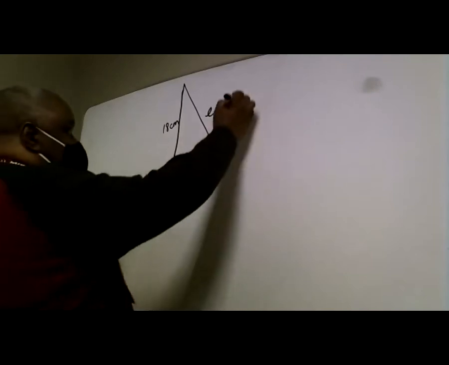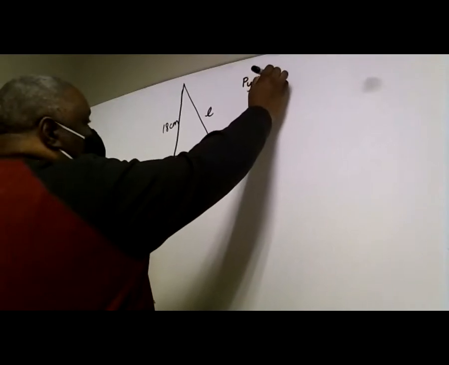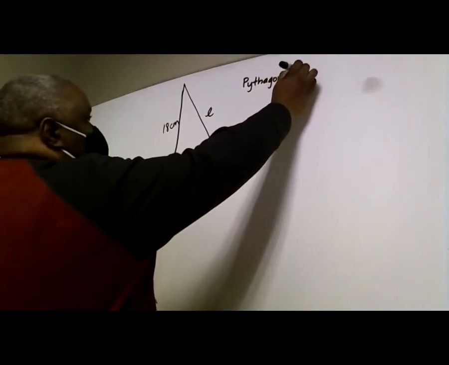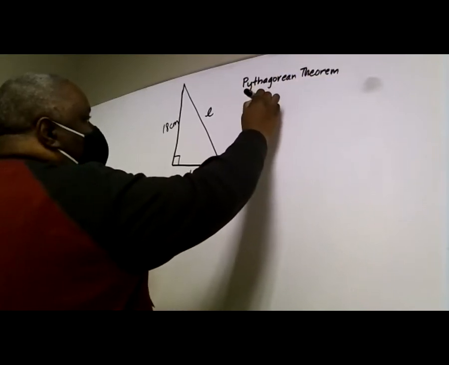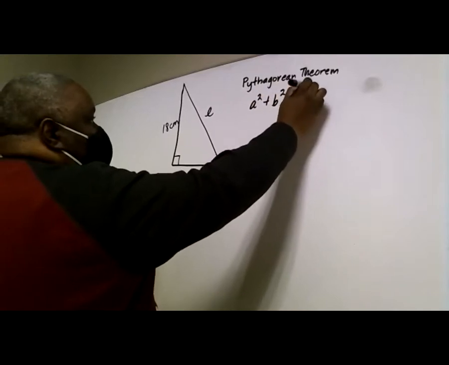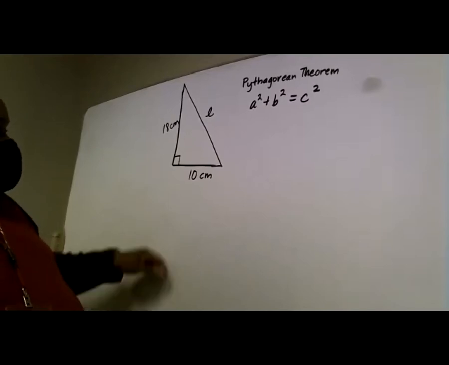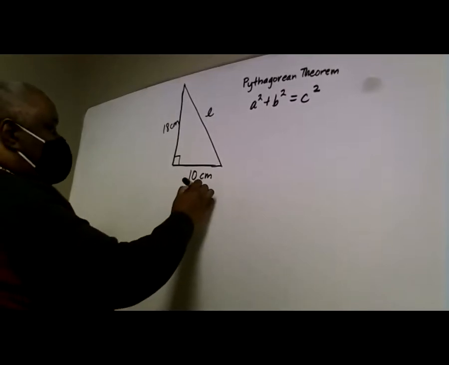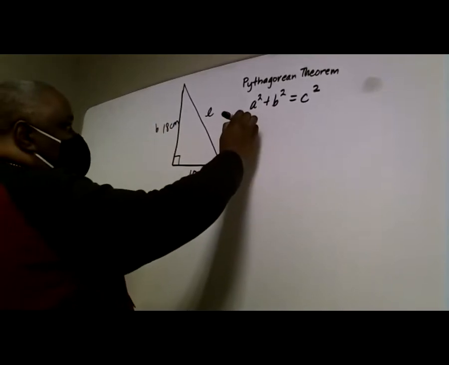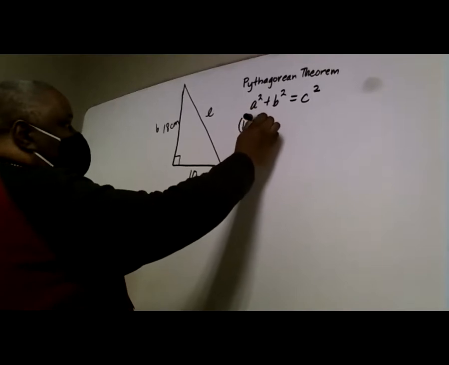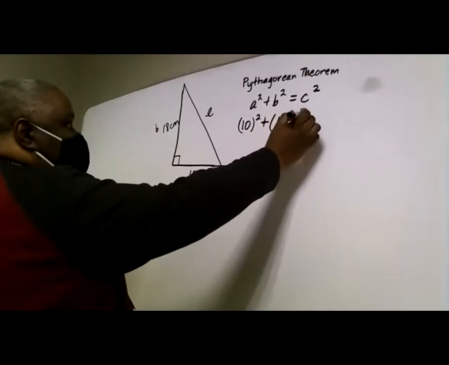So again, we're going to use that Pythagorean theorem for right triangles. And that's, of course, a squared plus b squared is equal to c squared. This will be a. That's going to be b. Your a is 10 centimeters, so this will be 10 squared, plus b, that's 18 squared.